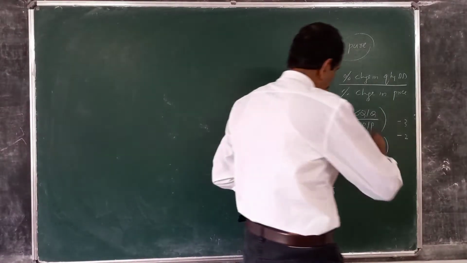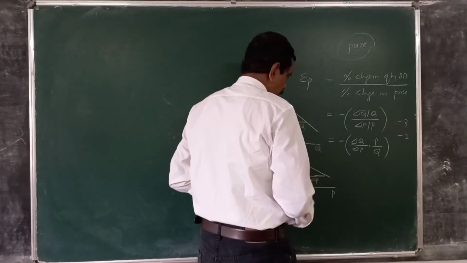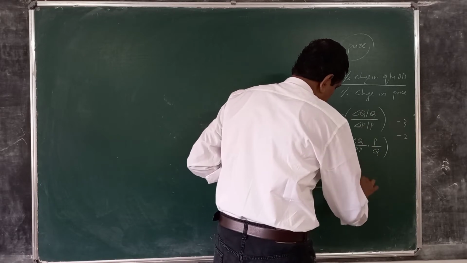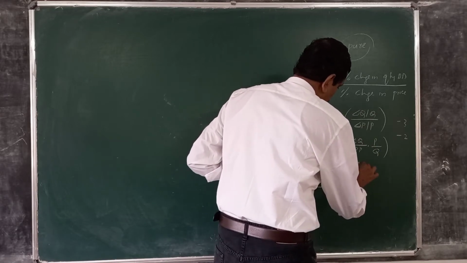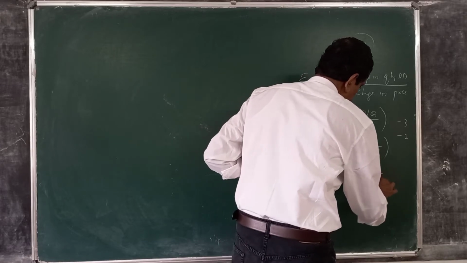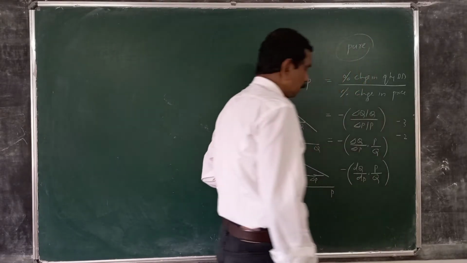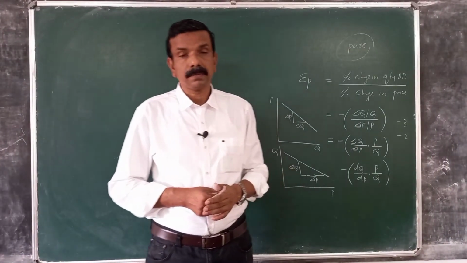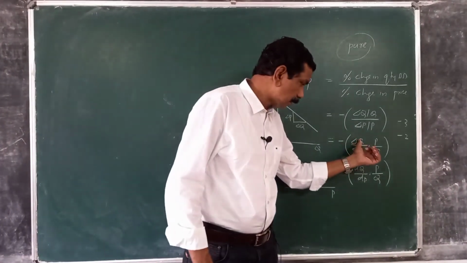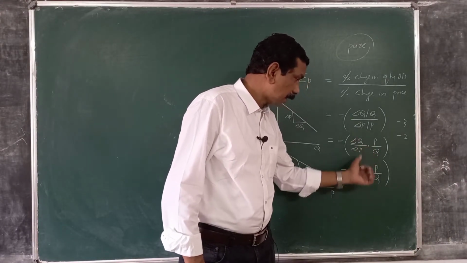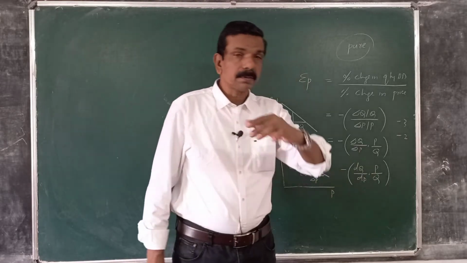In terms of calculus, this can be written as negative of dq by dp into p by q, which is the limit of delta q by delta p as delta p approaches 0.